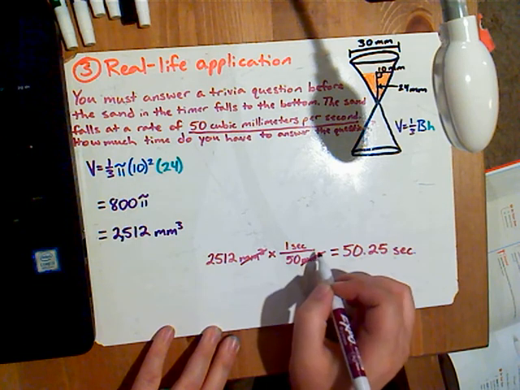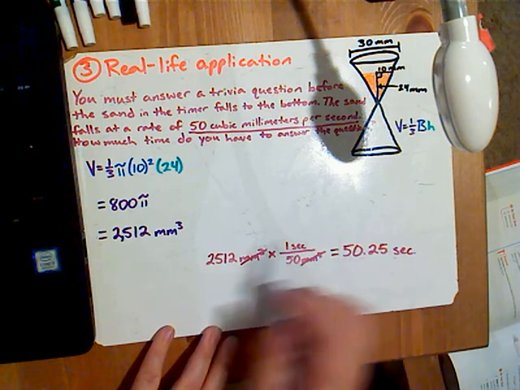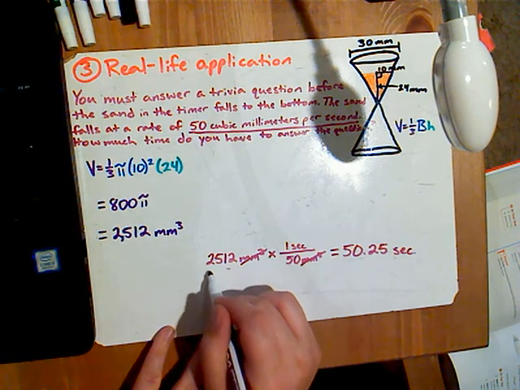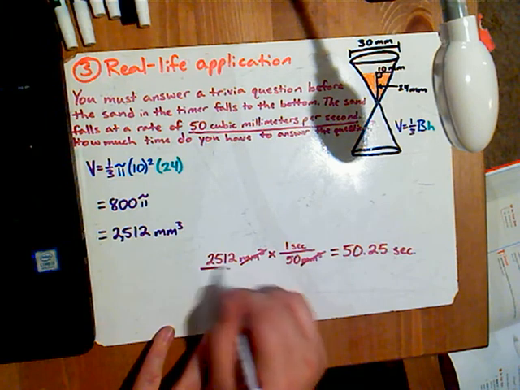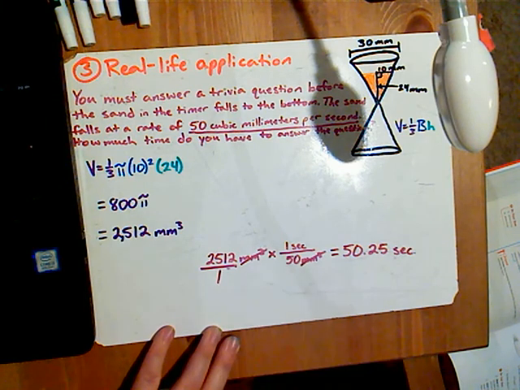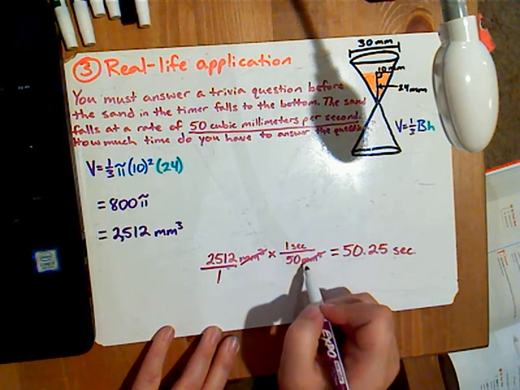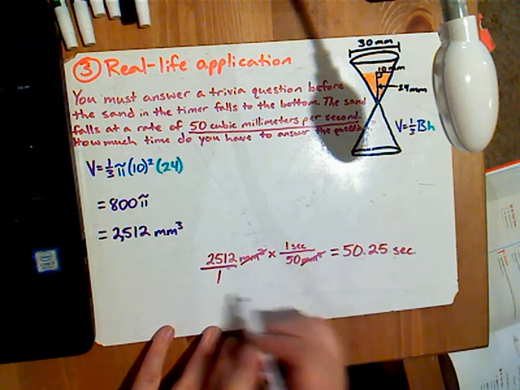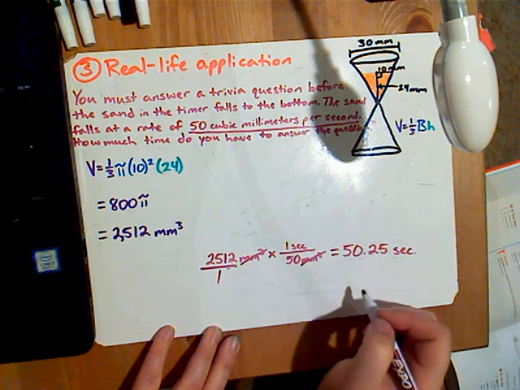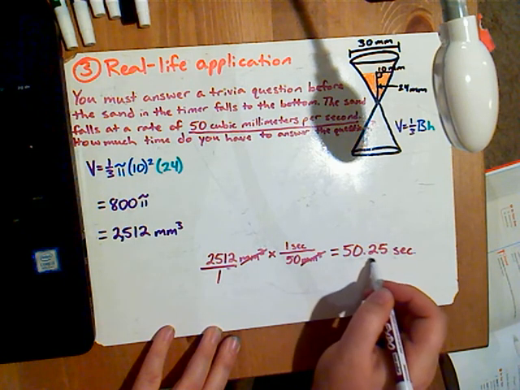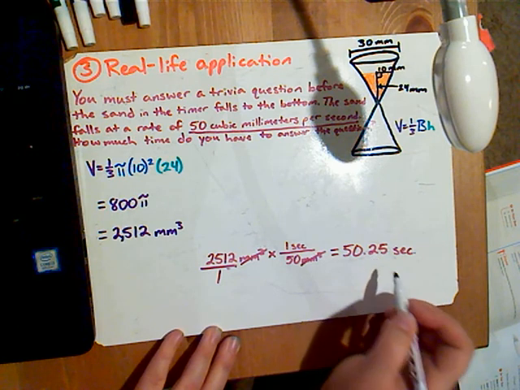We're going to cross out our units. So we have 2512 over 1 times our 1 second over 50. So when we multiply these together, we end up with 50.25 seconds.